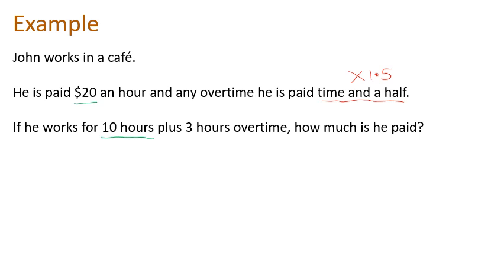So 10 times 20, so that's his normal hours. Plus, he's working 3 hours overtime. So 3 times 1.5 times his normal pay rate, which was 20. And then put that in the calculator, and it equals 290. So that's how much money he earns.